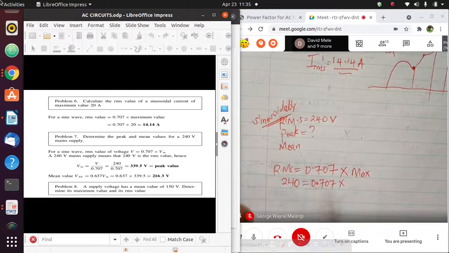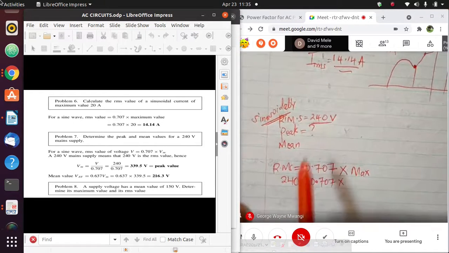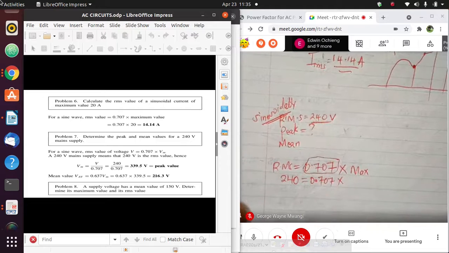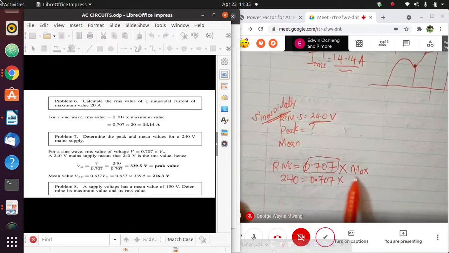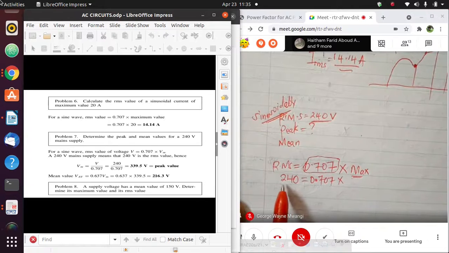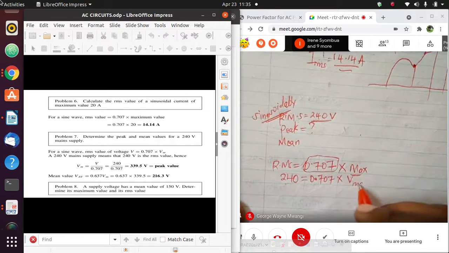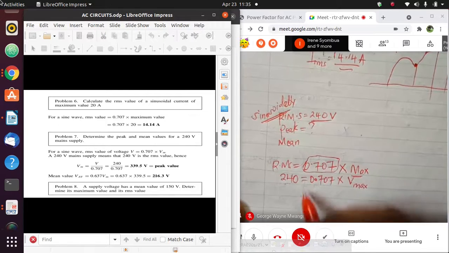In our question we've been given the RMS value, and we already have this constant, which doesn't change. We've been asked to find the maximum or peak value. So 240 is equal to 0.707 times the maximum voltage. What will be our maximum voltage?